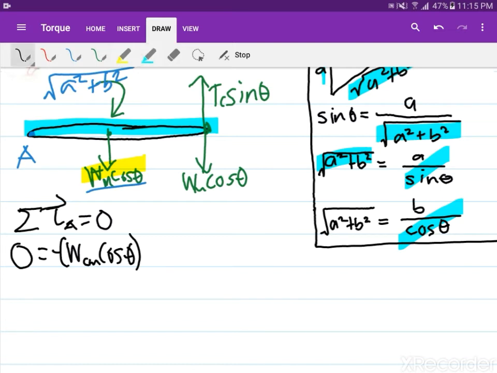Having that information, we can simplify the cosines and sines. So our moment arm in this case would be one half, since it is half of the length, times B over cosine of theta.